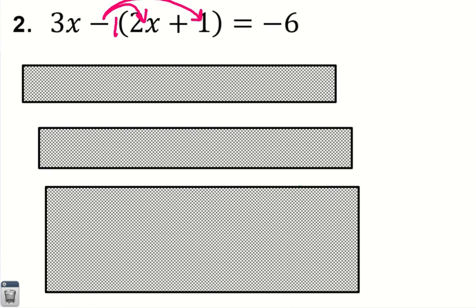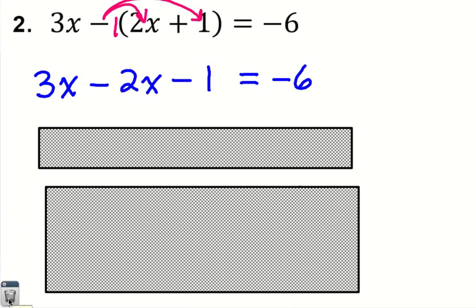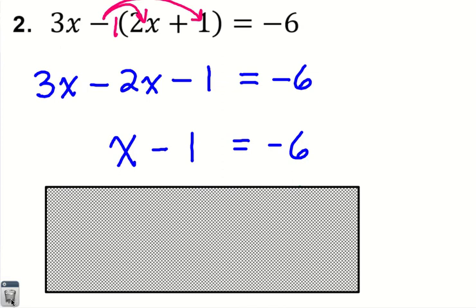And when we distribute that negative sign, clearing the bubbles, the 2x becomes a negative 2x, and the positive 1 becomes a negative 1. And now we finish this off the way we've been doing for the past handful of lessons. So 3x minus 2x is x.